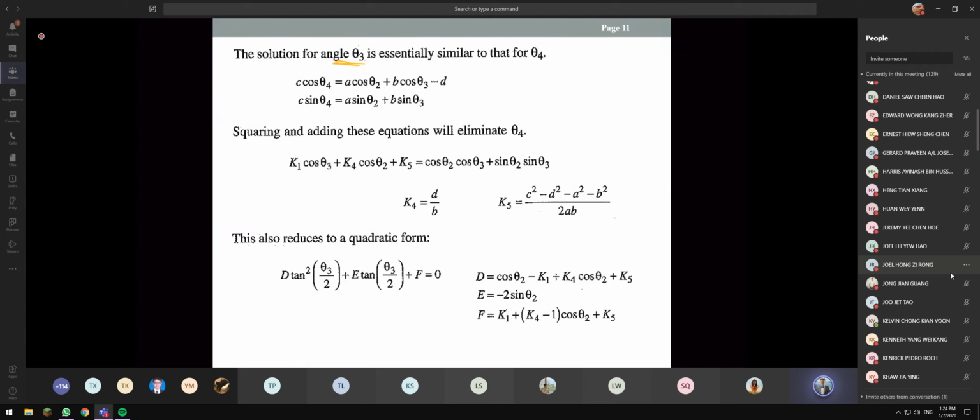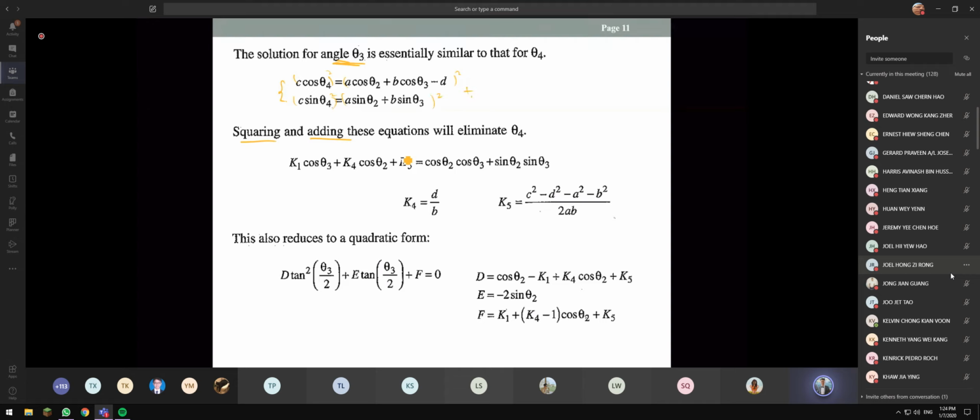Similar to the way of doing theta 4, we have these two equations. Squaring them and adding them together, you square both equations here and then add them together.